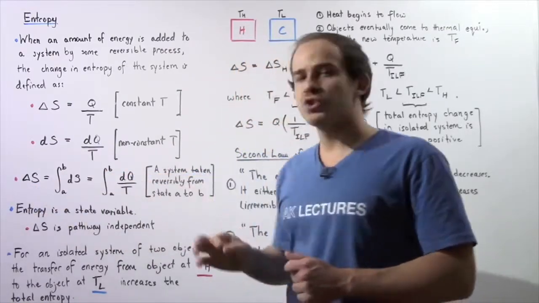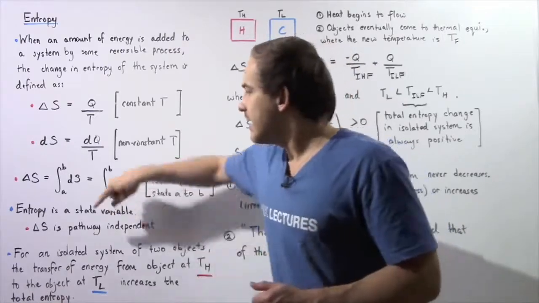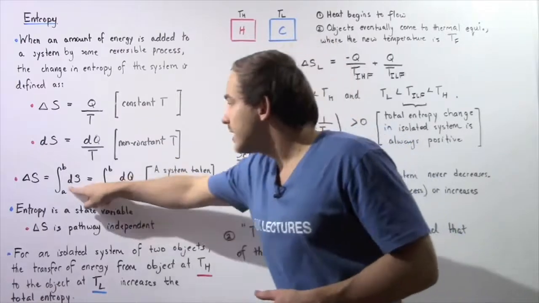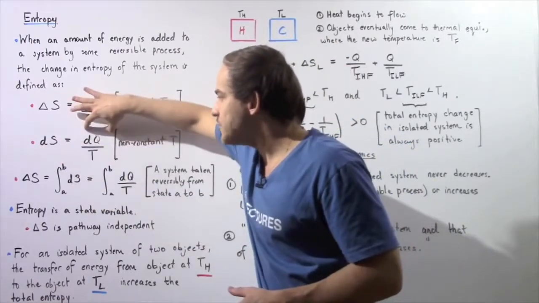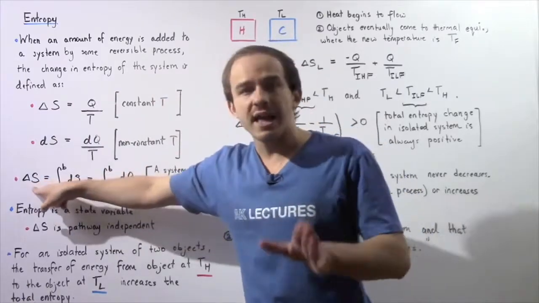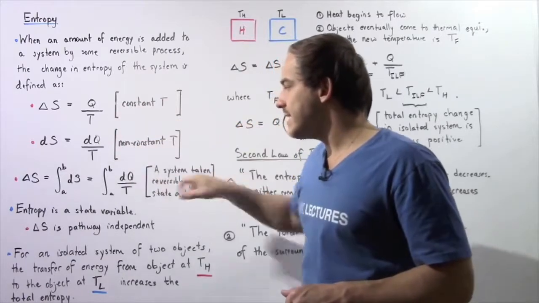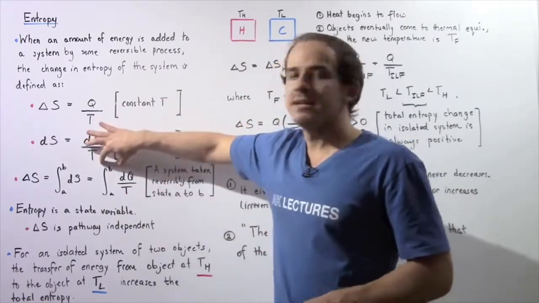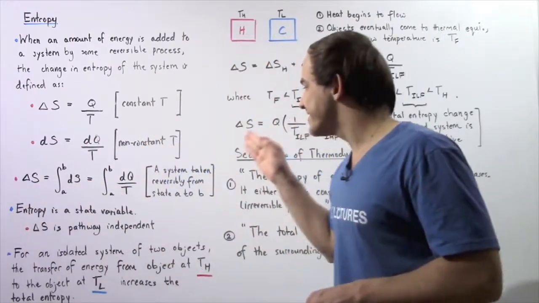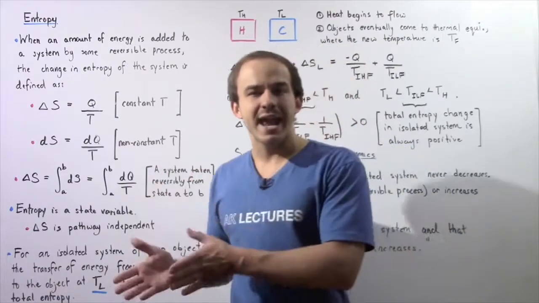Delta S is equal to the integral of the infinitely small change in our entropy, dS, taken from A to B. Because dS is equal to this ratio, we can replace dS with dQ divided by T, and we see that delta S is equal to the integral of dQ divided by T taken from A to B. So this is our change in entropy for a system taken by a reversible process from some state A to some state B.